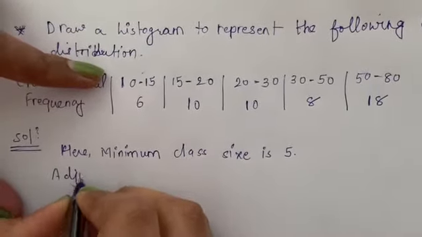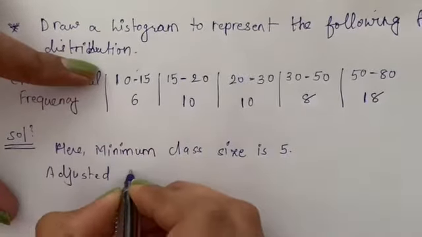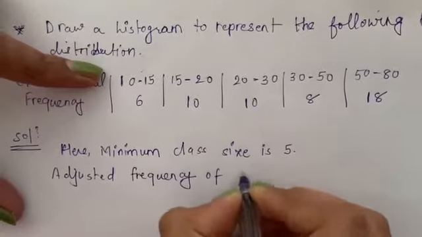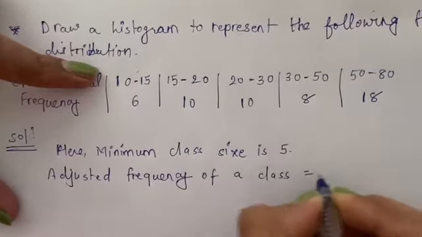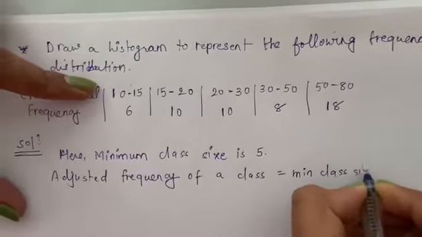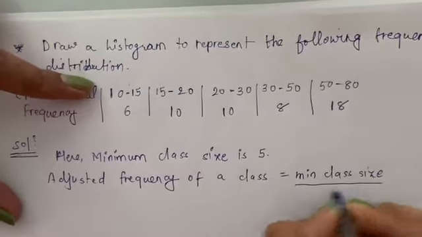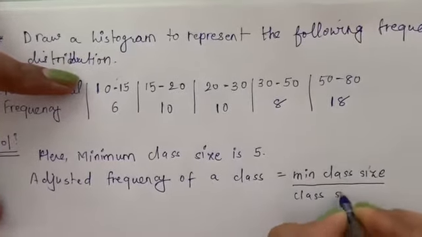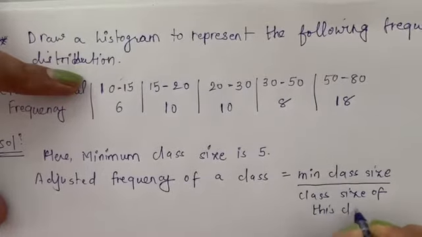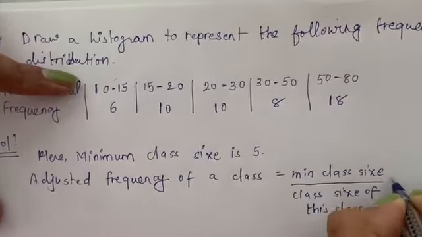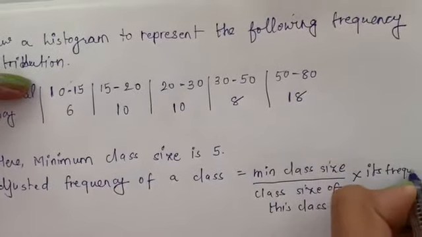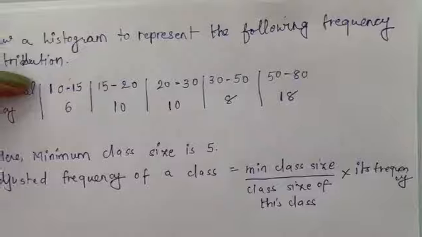So we have one formula to find the adjusted frequency of a class: adjusted frequency equals minimum class size upon the class size of this class, into its frequency. This class means the particular class for which you are finding it.